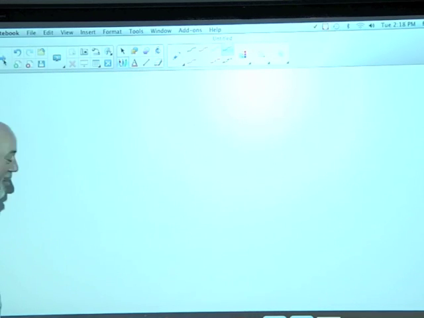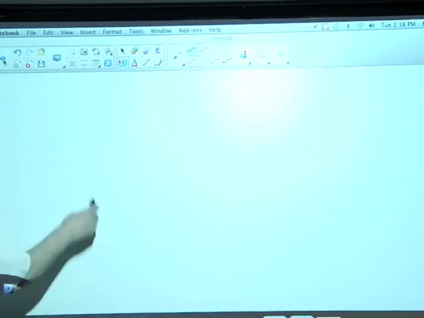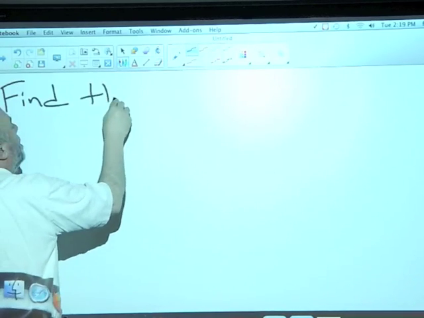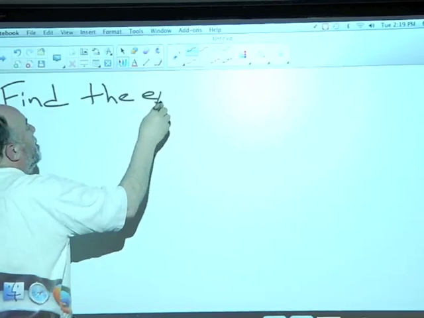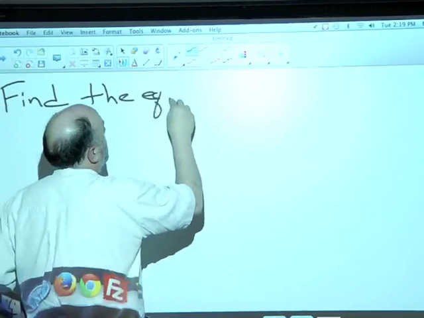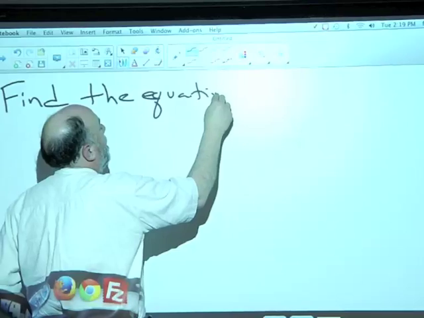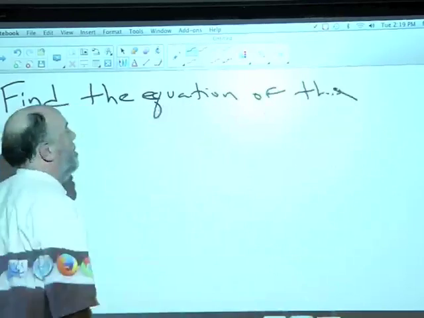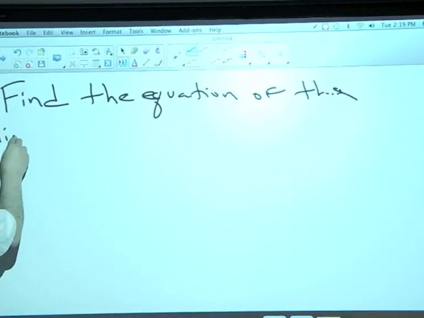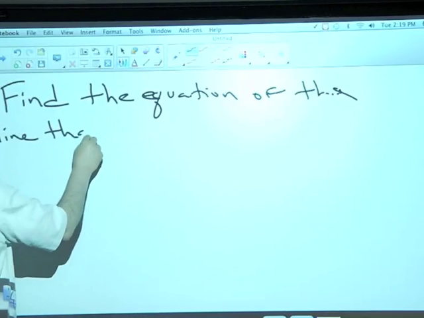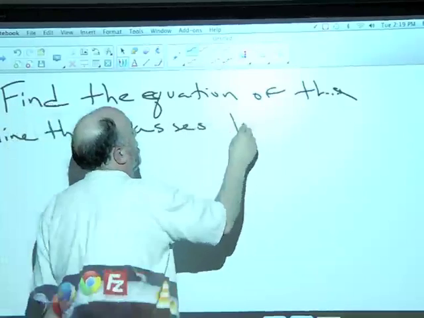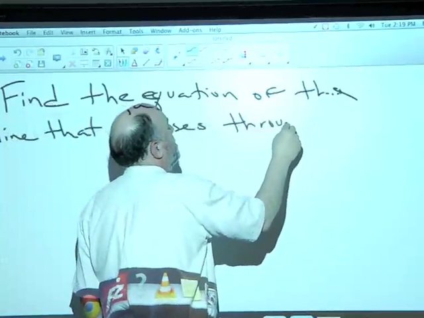So given something like this, find the equation of the line that passes through the points.